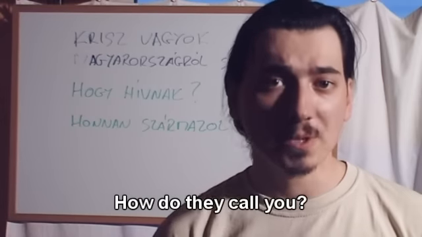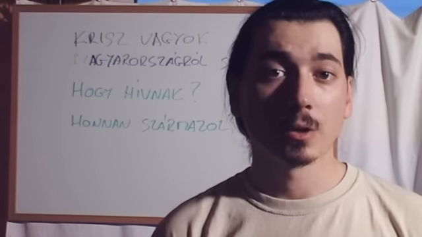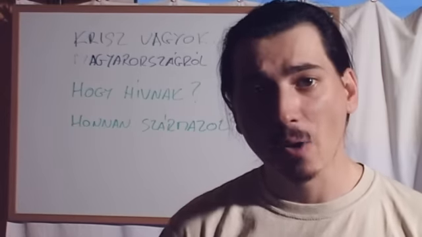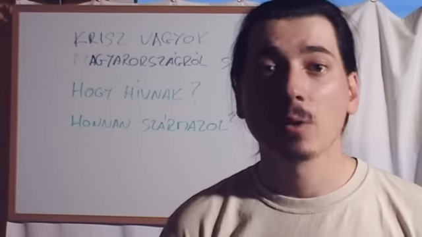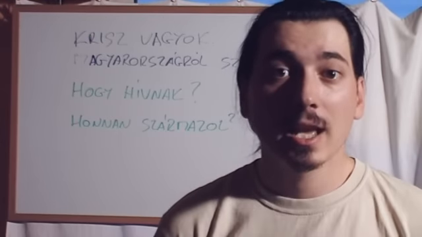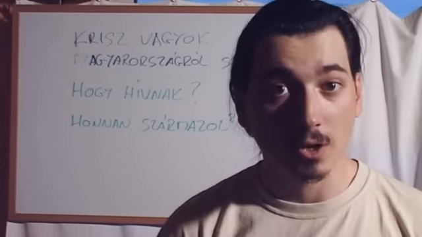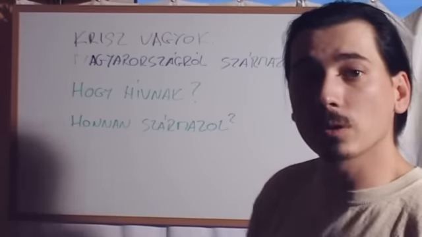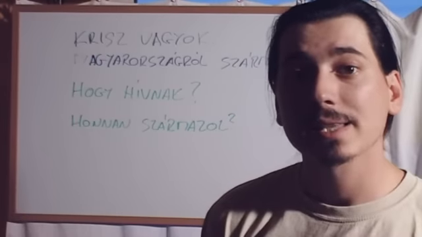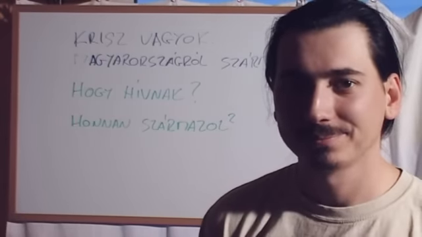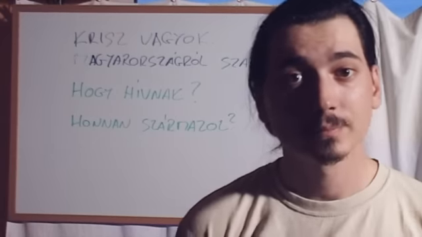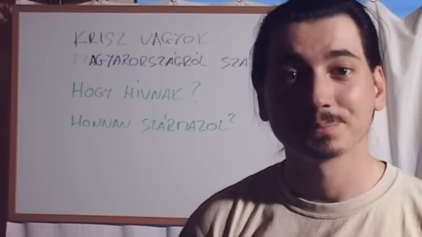So to be more precise, the word hogy is how. We usually say what's your name in English, and this is hogy hívnak. And if you take a little look at the attachment, it says they. And that is all. The rest you can figure out.